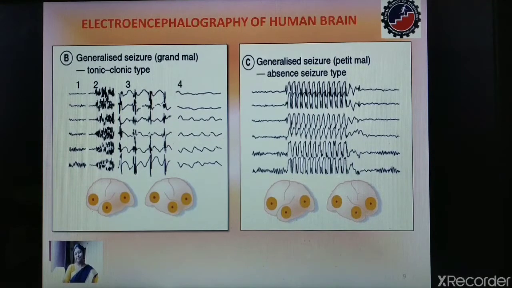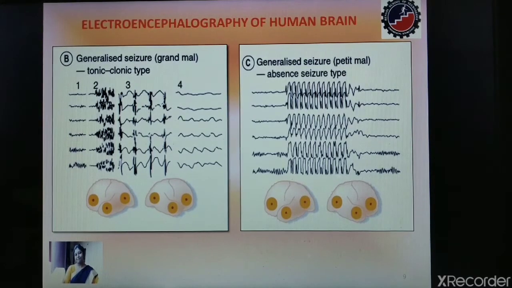The patient abruptly ceases whatever he or she is doing, sometimes stops speaking in mid-sentence and stares vacantly for a few seconds with little or no motor disturbances. They are unaware of their surroundings, and the electroencephalogram pattern shows a characteristic rhythmic discharge during the period of seizure. So this is the characteristic rhythmic discharge which occurs during the absence seizures.